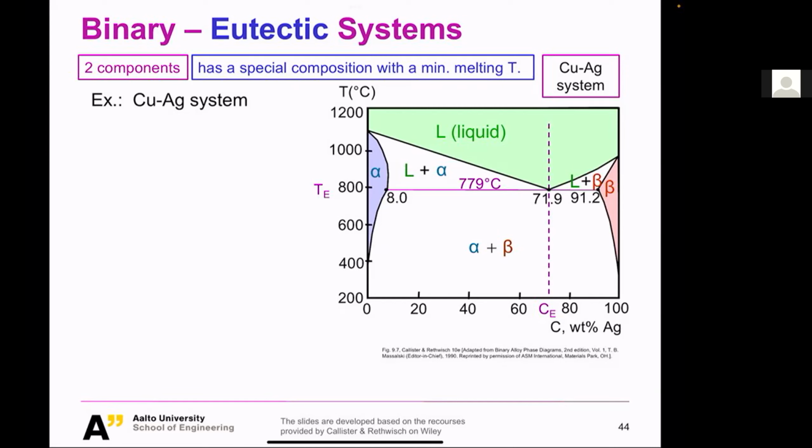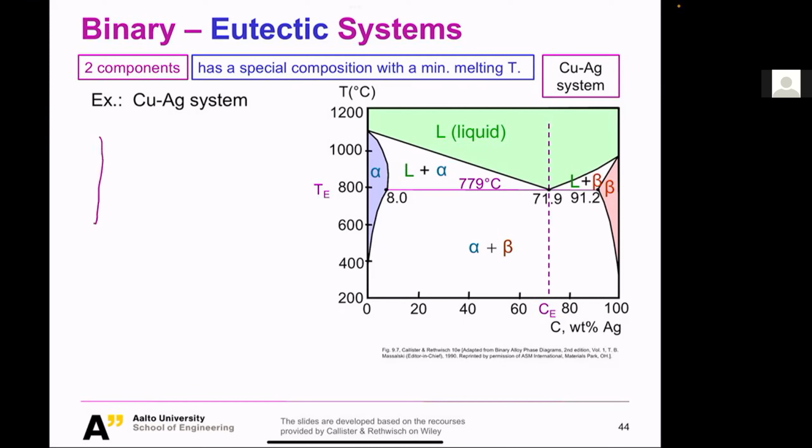Yesterday we studied the unary phase diagram, and we also studied the binary phase diagram. Maybe you remember, we studied the isomorphous binary diagram. You remember the binary isomorphous diagram, right?